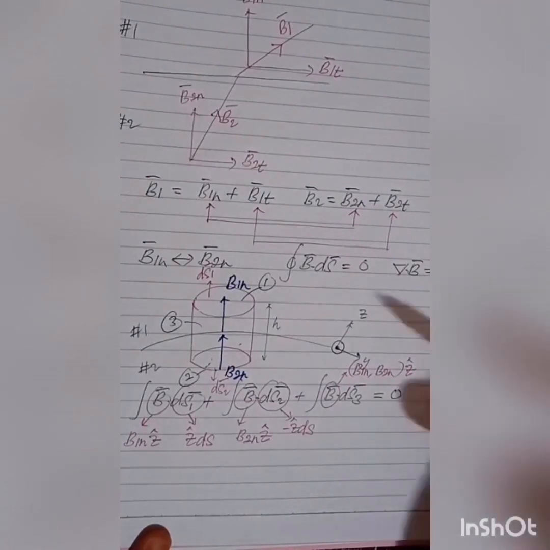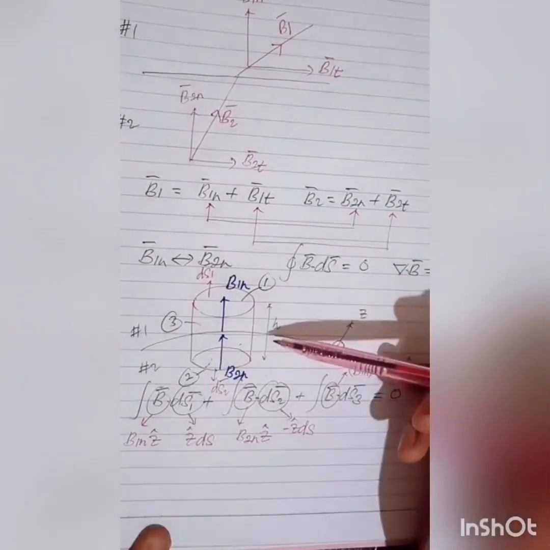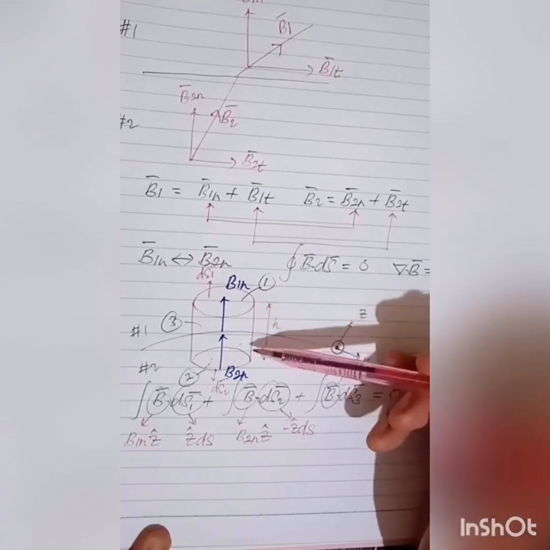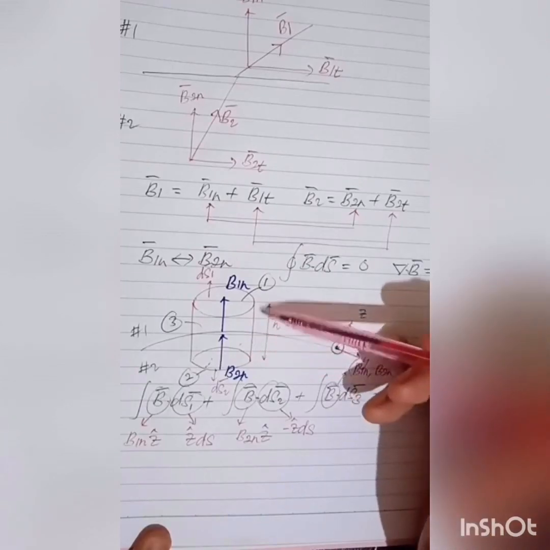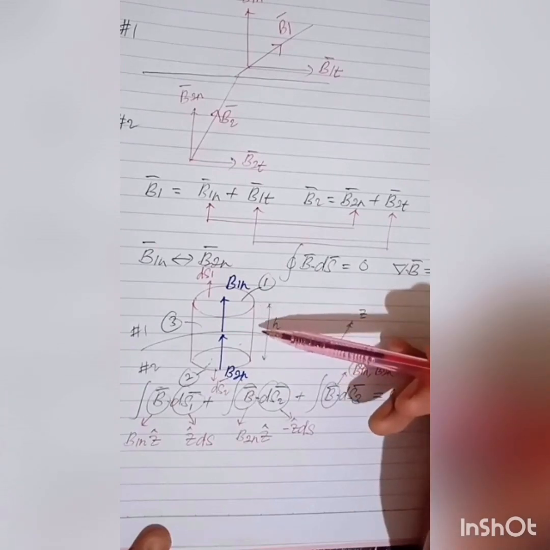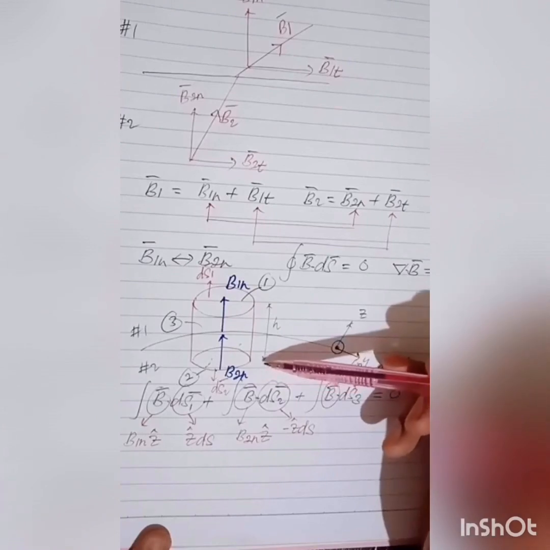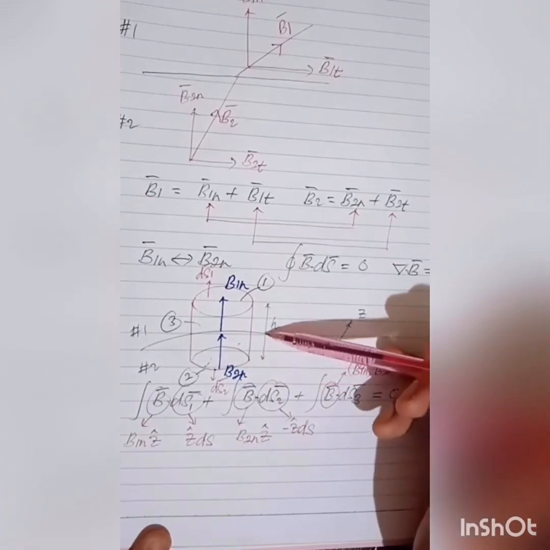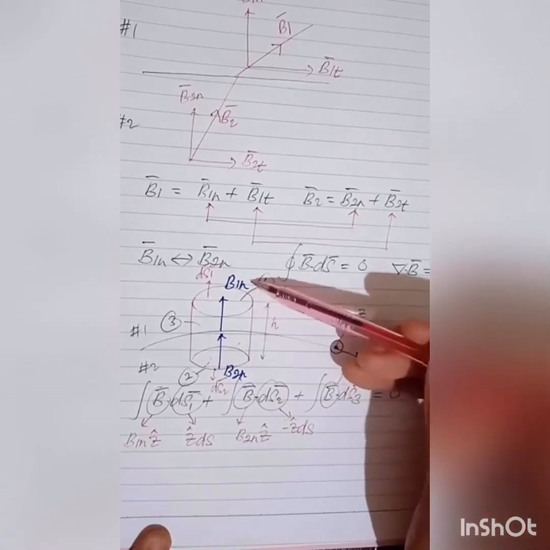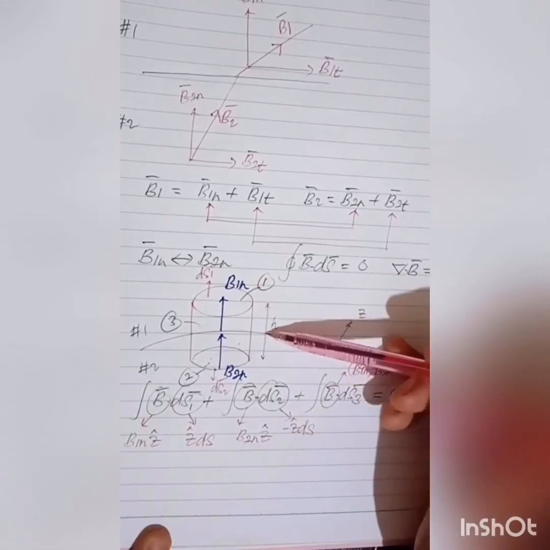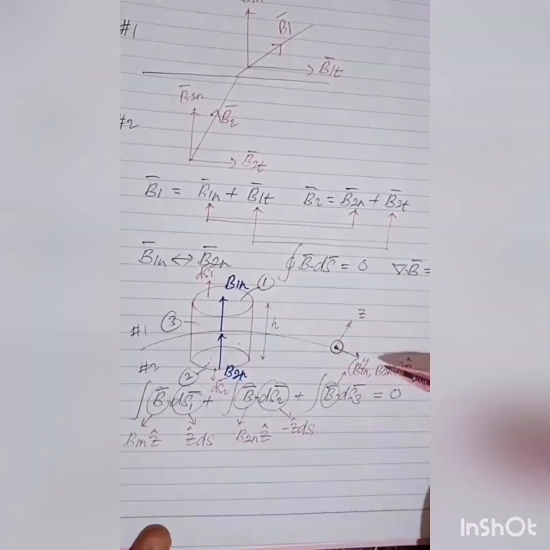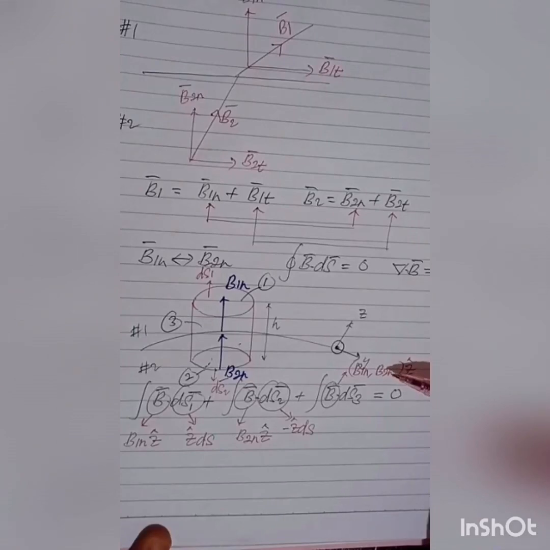So again I repeat, for this third integration, the B that exists on this side surface has two components: the first one B2N, which exists from this limit to this boundary, and then B1N, which exists from this boundary to the last limit. That's why we have two B normal, B1 and B2.